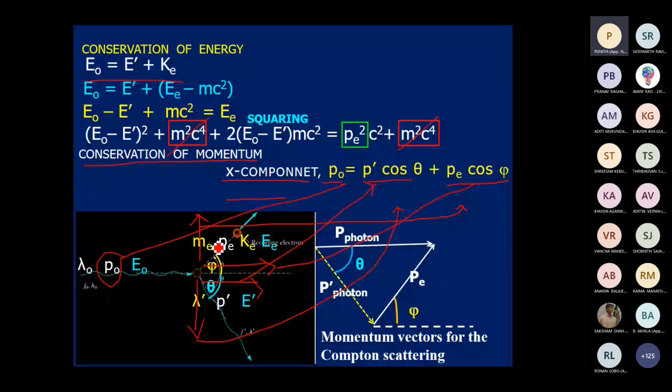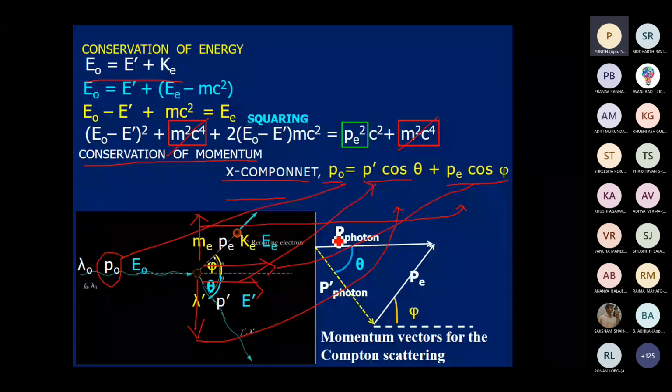If you resolve it into the two components, you can write down the x component of the momentum, and similarly the y component of the momentum. So you will get this equation, in order to get p e square, add the two equations.